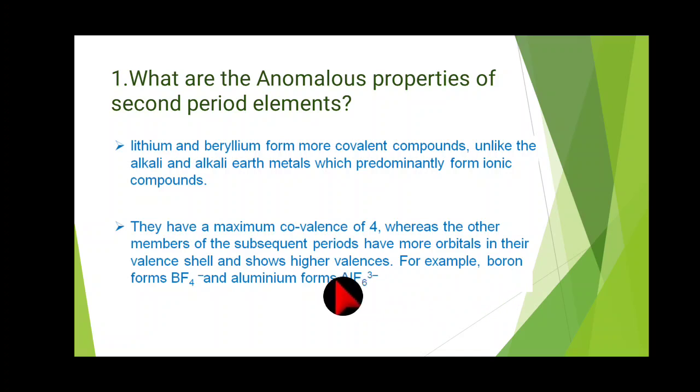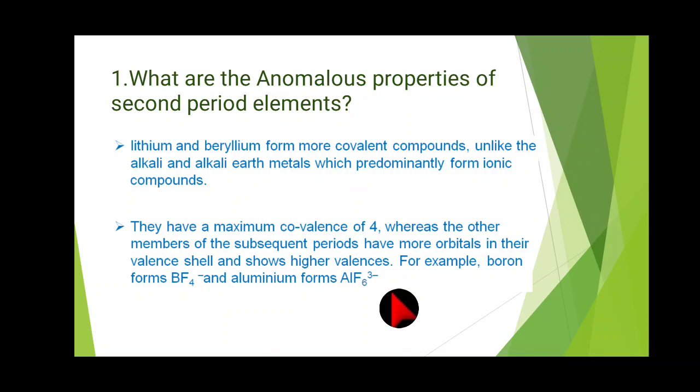For example, boron has 3 valency, BF4 minus. In the same group, suppose you take aluminium: boron, aluminium, gallium, indium, thallium, the group 13 elements.